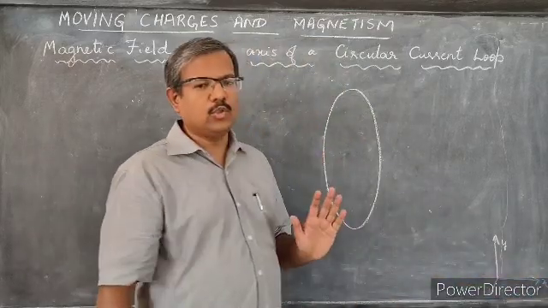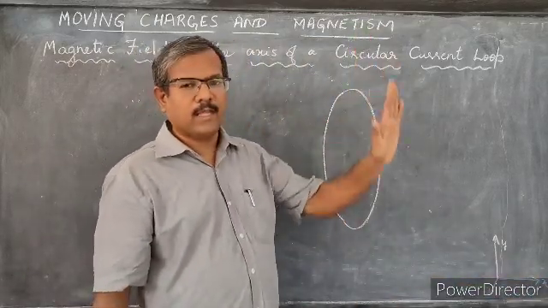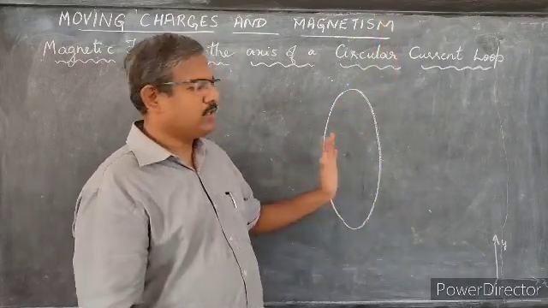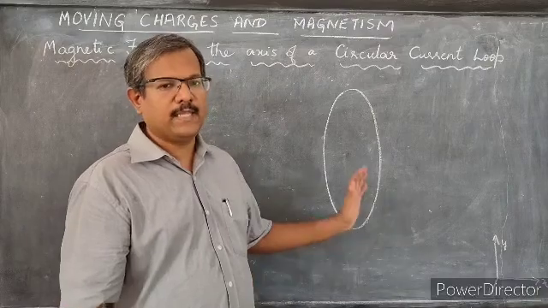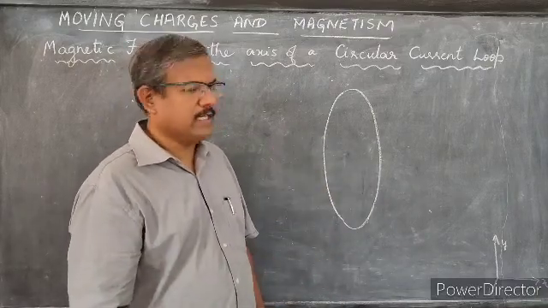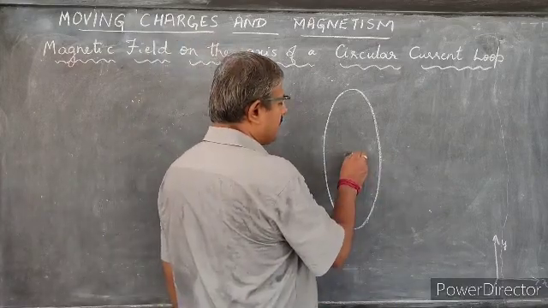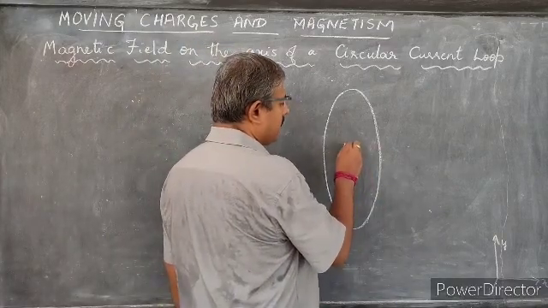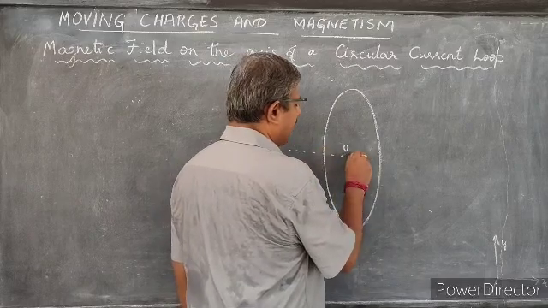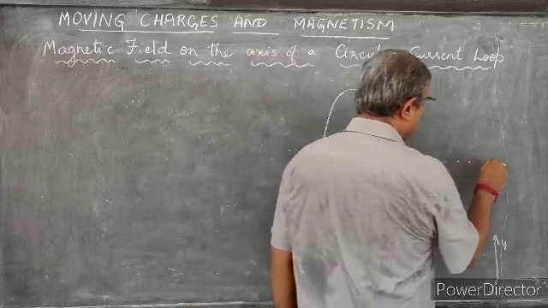So this circular loop is along this axis. Due to the constraint of 2D space, you will have to visualize the 3D image of what I am drawing on the screen.